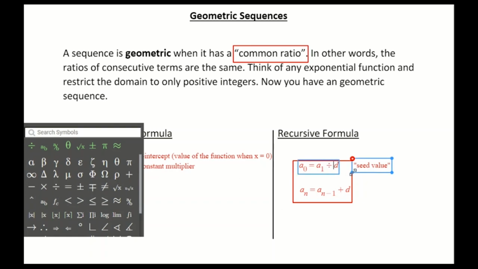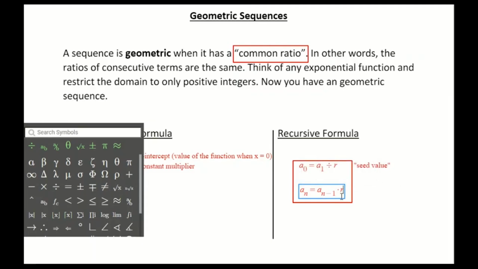And then instead of d, we have r. So what you do is you take the previous term, and instead of adding the common difference, you are going to multiply. Do I have a multiplication symbol in here? I don't think I do. Oh, that's interesting. We're going to multiply by r. So we're going to say times r, and I'll just write this. Oh, there we go, that looks nice, times r.